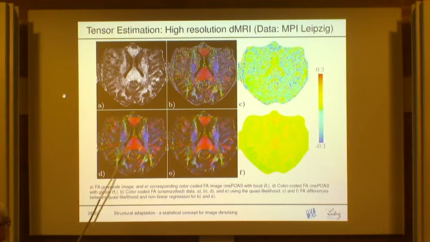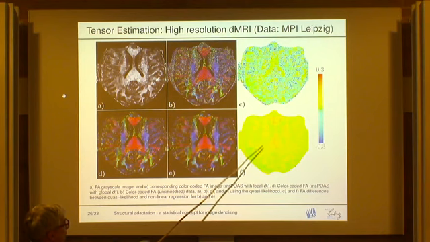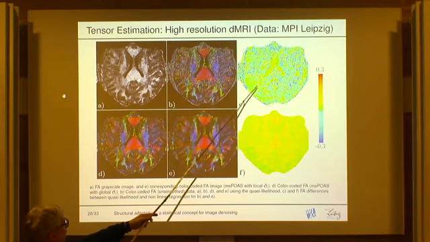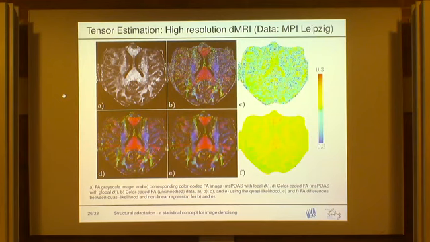This is the originally estimated color-coded FA map. This is the color-coded FA map that you get from using this smoothing procedure. And what you have here, for the unsmoothed data and for the smoothed data, is the bias that comes from using a regression model instead of using the correct signal distribution.